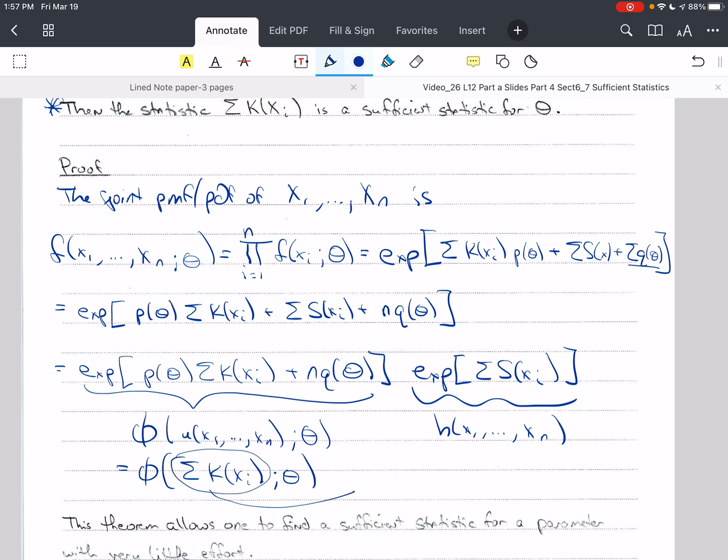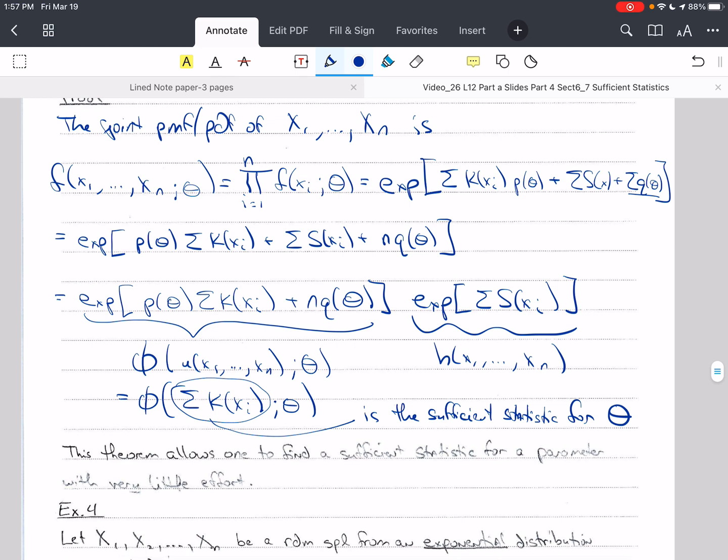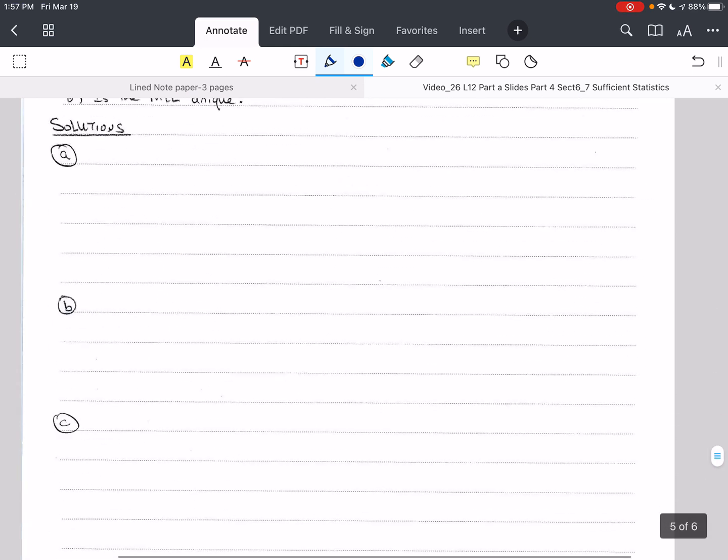So this is the sufficient statistic for theta. Okay. So this theorem allows you to find a sufficient statistic for a parameter with very little effort. A lot easier than the factorization theorem in some cases. But again, you may have to rearrange the PDF to see if it's in the exponential form or not. Okay, we'll stop here and pick up with the example in the next video.